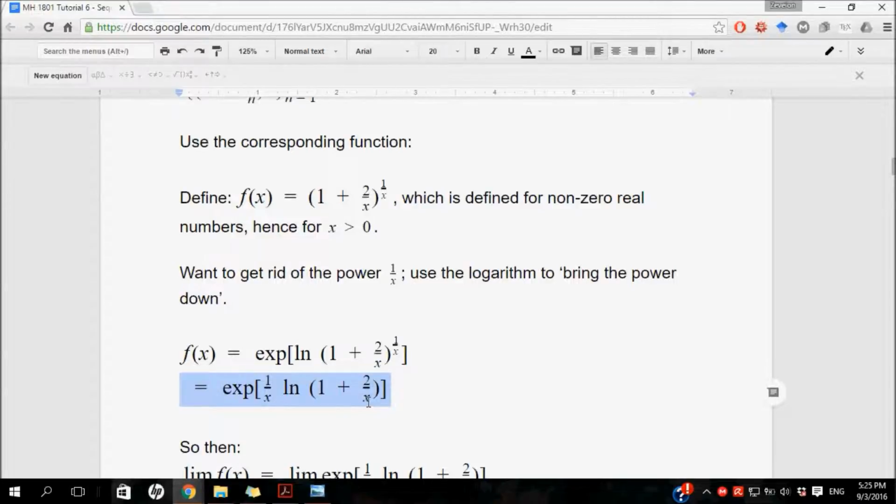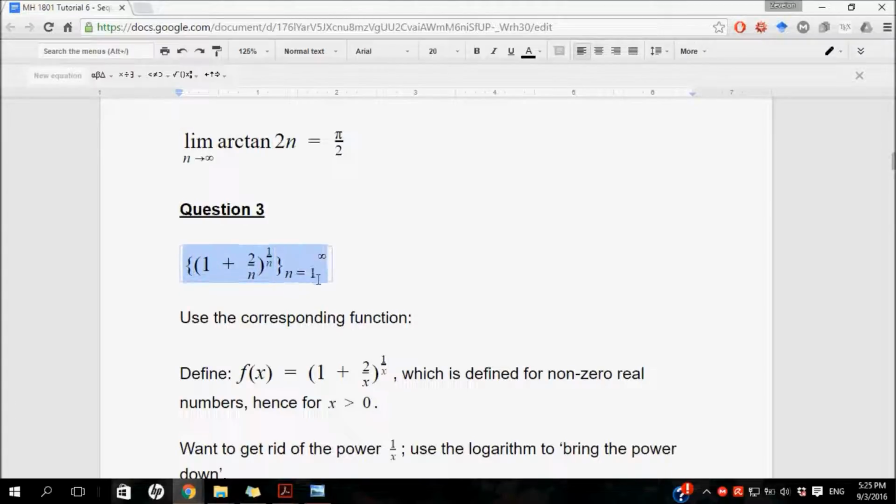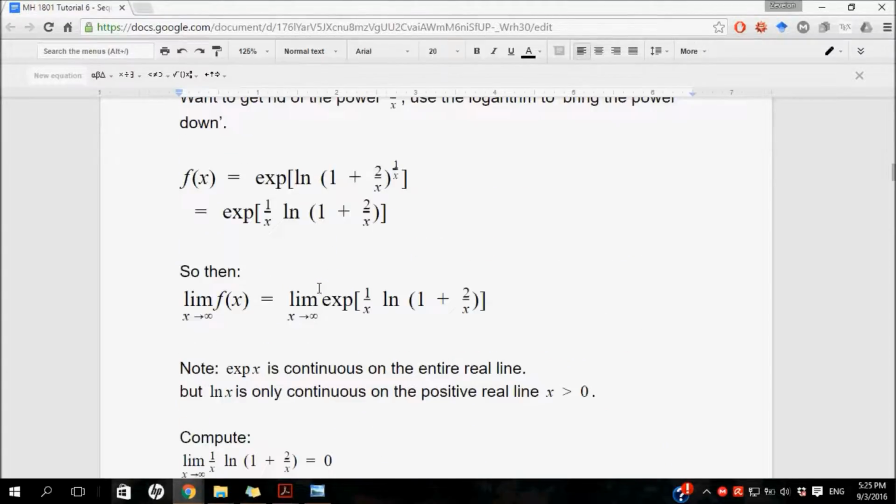In order to understand the limit of this sequence, once again we study the corresponding limit as x tends to infinity. So we have to apply our limit laws carefully. We note here that the exponential function is continuous on the whole real line. So we could make the limit commute with the exponential, or push the limit inside the exponential, provided that we know that the limit on the inside does exist.